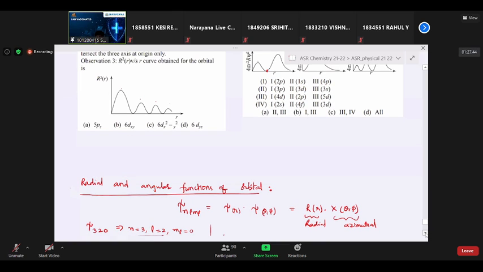You already know psi is characterized by a set of three quantum numbers: n, l, ml. Three quantum numbers we use for representing psi. For example, 3, 2, 0: n is equal to 3, l is equal to 2, ml is equal to 0.